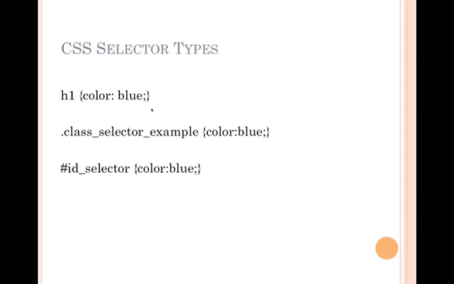In this case, I use class selector example, and then I have my declaration. And finally, you have an ID selector. An ID selector will have a pound sign next to it, then the ID selector name, and it will be wrapped in curly braces for the actual declaration for the element that is being selected.